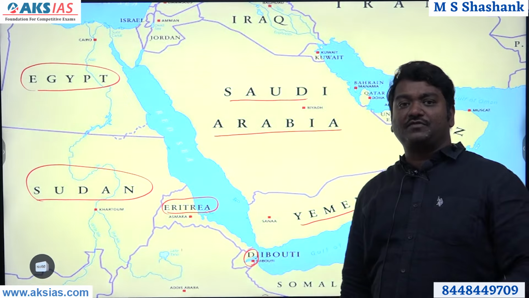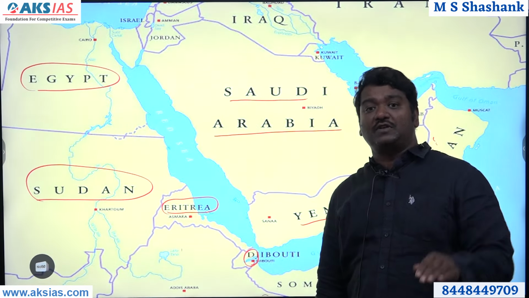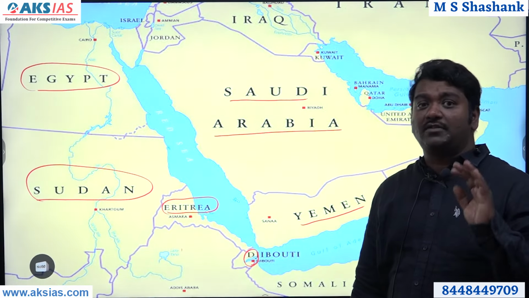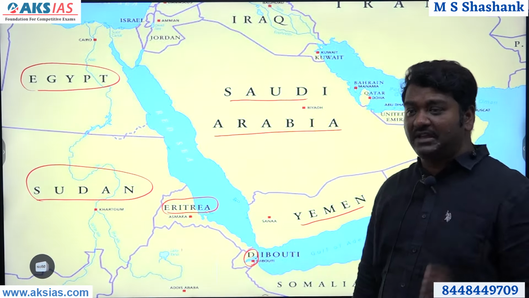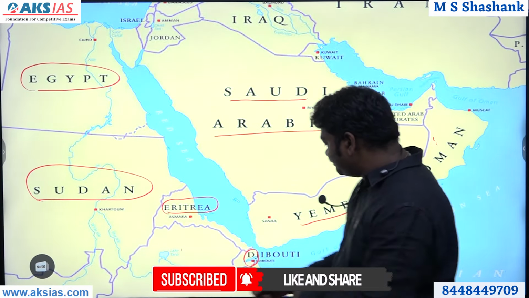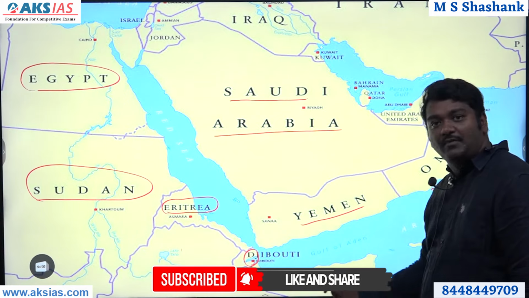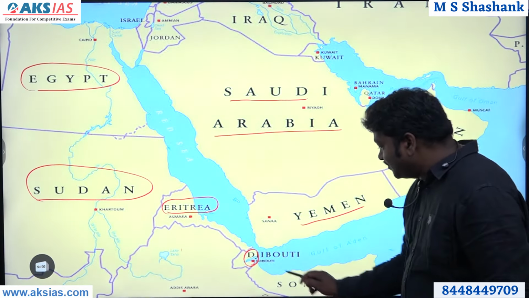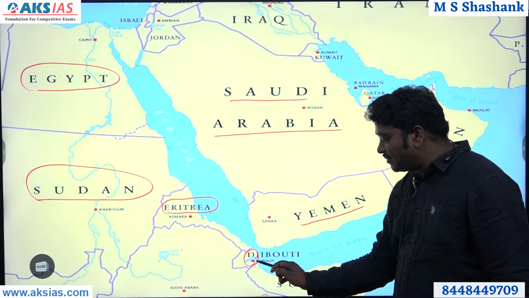Okay, most of the time what happens, we only focus on what is there. We should also focus on what is not there, because that may help us in something else. For example, if you consider Somalia, in the exam it will be confusing whether Somalia has a border or not. If you check here, Somalia comes out of this.